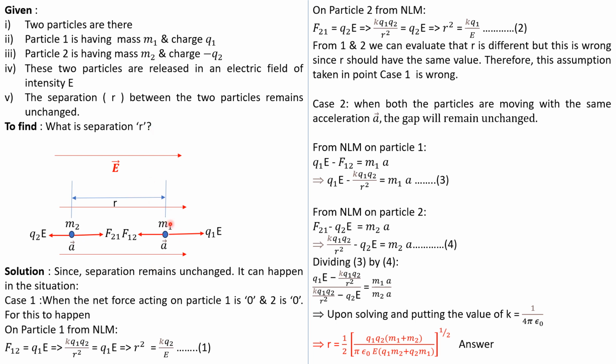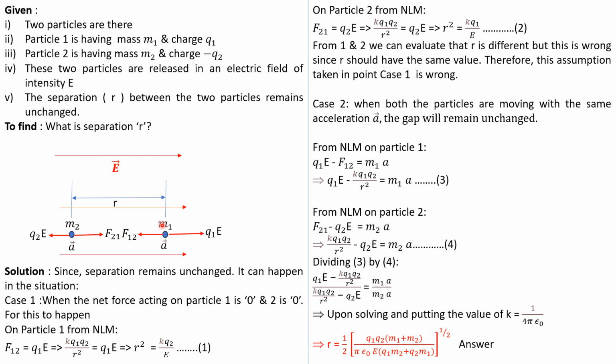If you can see, on particle 1, which forces are acting on it? One is the force due to the electric field. Since particle 1 has positive charge, the force direction will be in this direction and the magnitude will be q1E. The other force is the electrostatic force between the two particles.